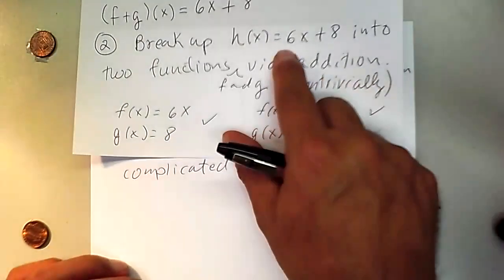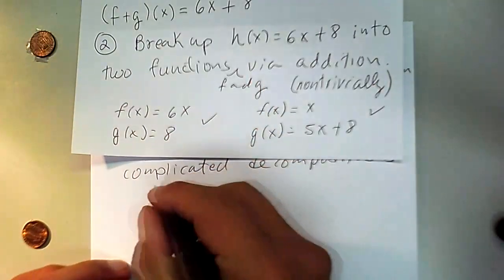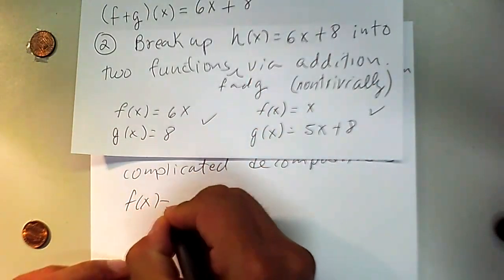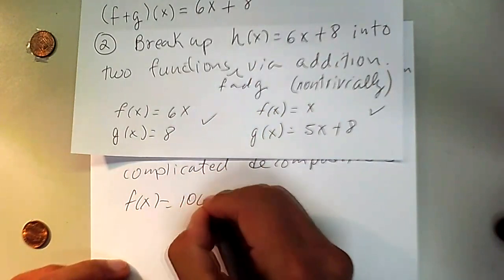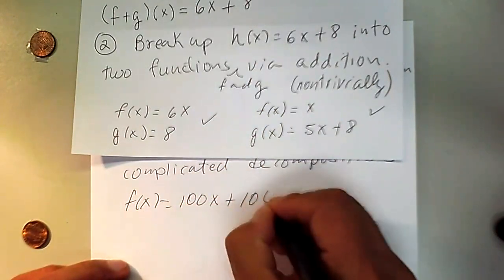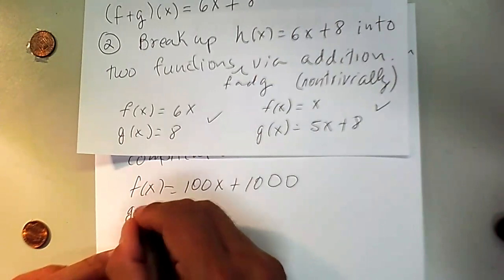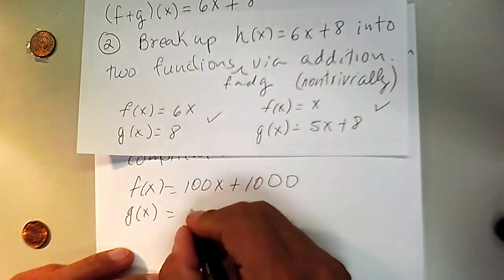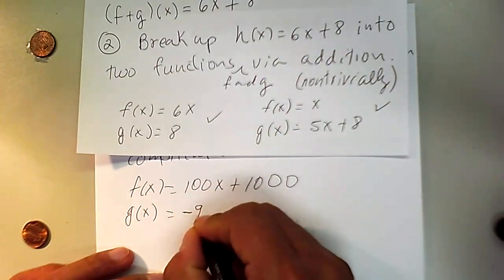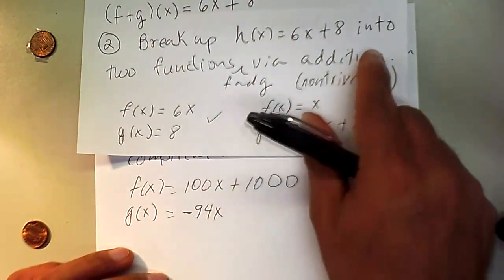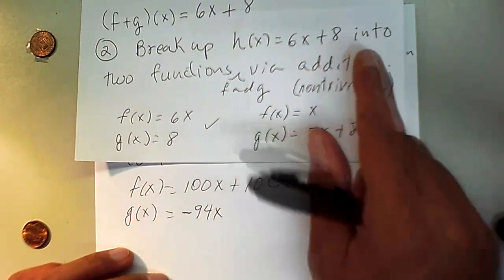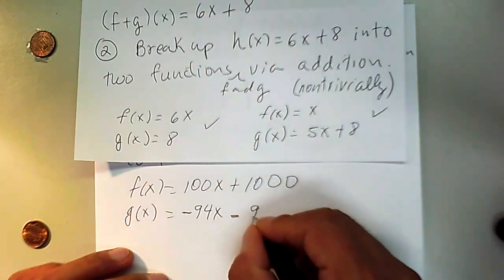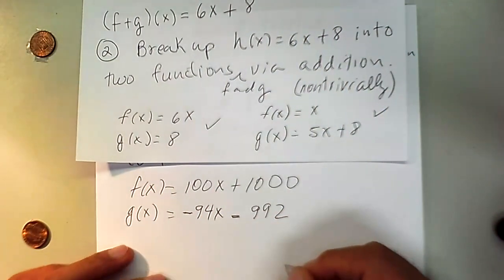Somebody could say, well, why don't we do f of x equals, I don't know, 100x plus 1000, and then g of x, so we need a 6x, so that means we have to put negative 94x, and we need 8, so negative 992.